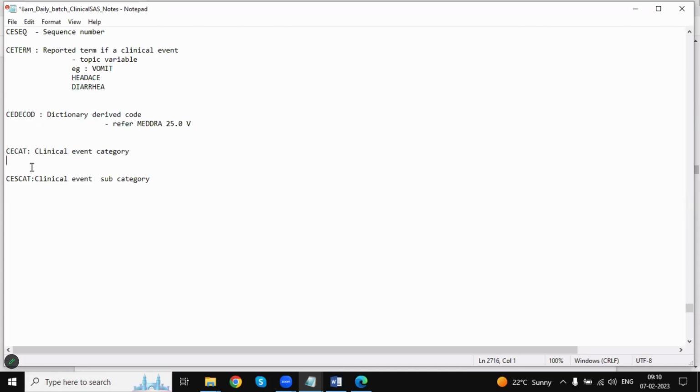In the given CRF form, if they have categorized anything, for example all the temperature related terms, maybe fever or dengue or typhoid, if these types of terms are given one categorization, you can mention that category name here. If they are not categorized, no problem. In each category, if you have some extra information, pass it to the subcategory. Category names cannot be constant; they will vary from study to study. In your study, in your specification, if the category information is given, we'll capture it, or else it is not required.